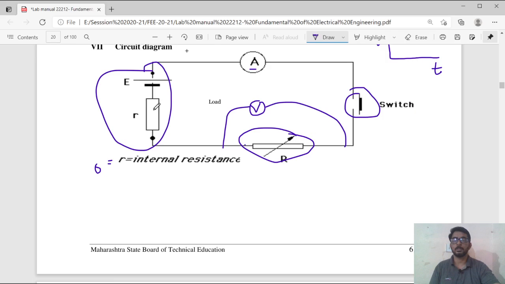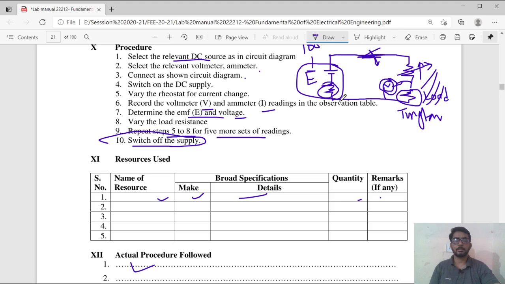So this battery has some internal resistance, and due to that internal resistance, the terminal voltage may get dropped. You can also see here, if you put a voltmeter at the terminal, and another voltmeter, let me mark this voltage as V1 and this voltage as V2.